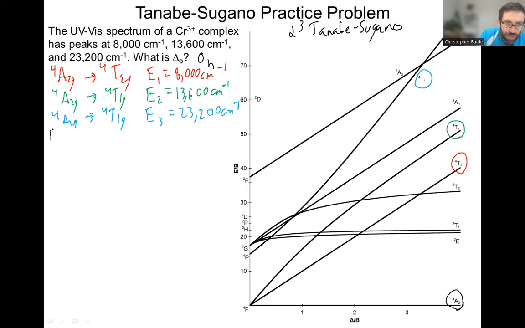We're going to take the ratio of E3 to E1. That's going to be 23,200 wave numbers over 8,000 wave numbers. You plug that into your calculator and you get 2.9. And then we're going to do the same thing for E3 and E2. You can also do E2 to E1. It doesn't really matter, but in this case, I'll do it this way.